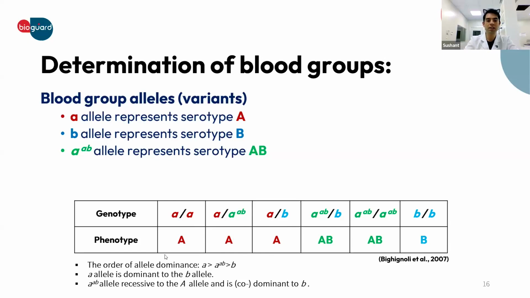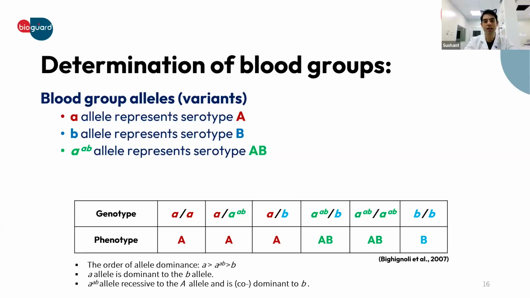By conducting this kind of study in cross-matching, genotype and the expression of the genes, the A allele is the dominant one compared to AB and B. It's also been seen that the A allele is dominant to the B allele, and the AB allele is co-dominant to the B allele.